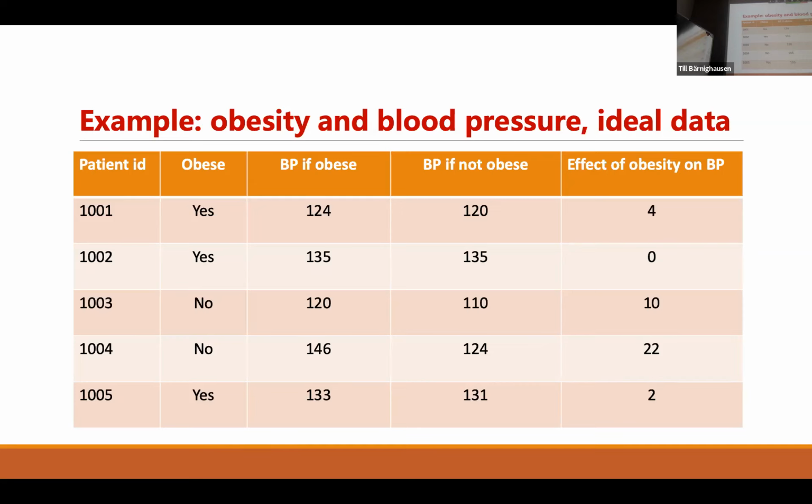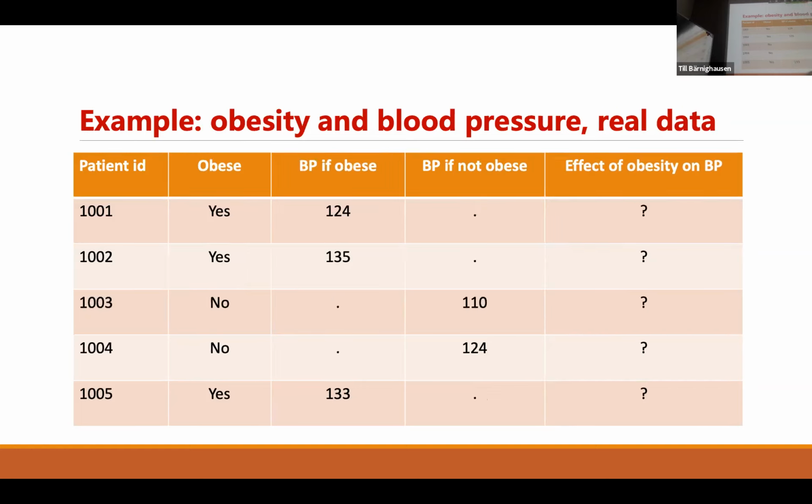But in the real world, it's not that easy. If we could get all the counterfactual scenarios, it would be easy for us to identify causal relationships. But in the real world, the data set that we get looks like this.